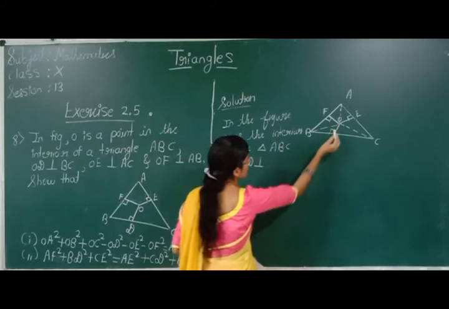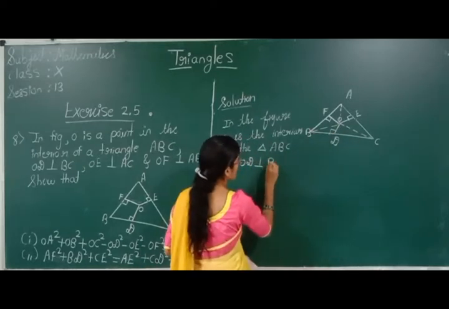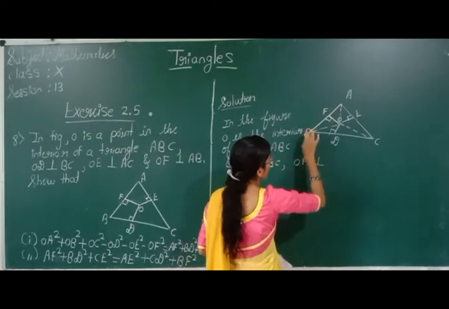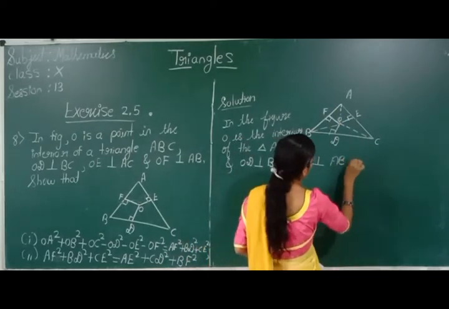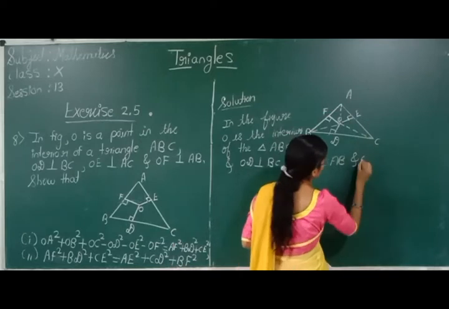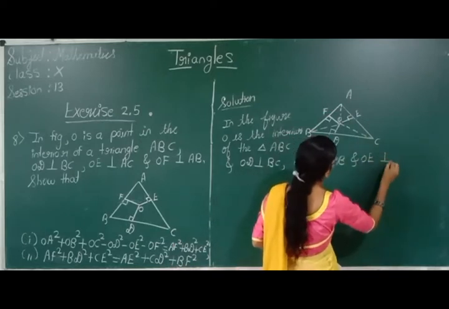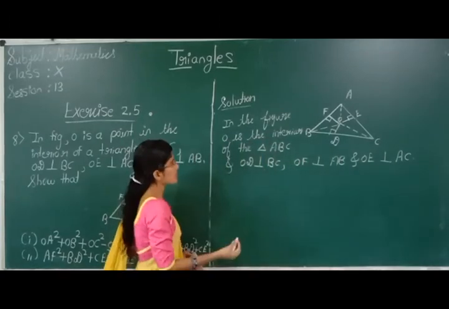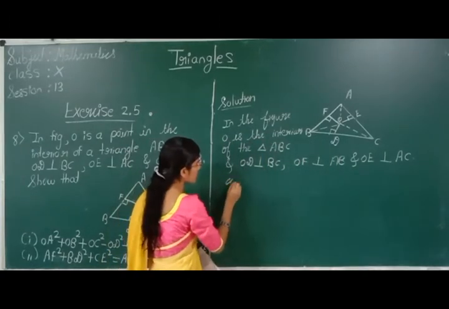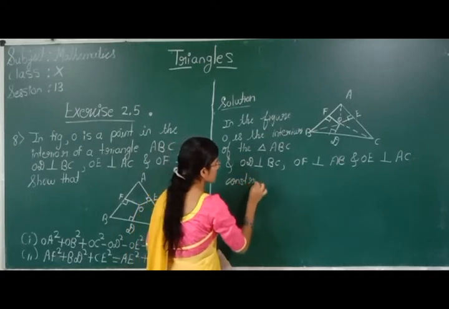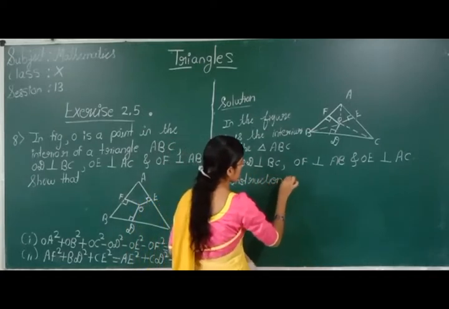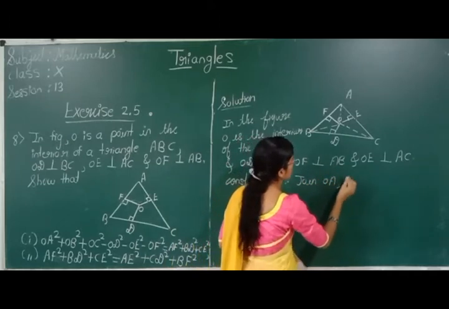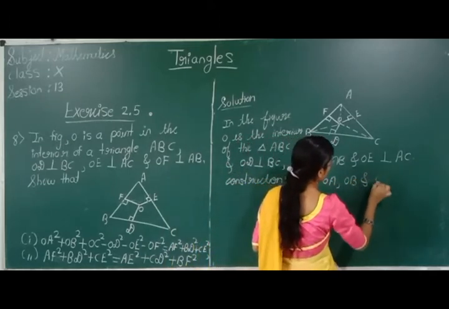OD is perpendicular to BC, OF is perpendicular to AB, and OE is perpendicular to AC. Okay? See construction, what we have done? Construction: join OA, OB and OC.